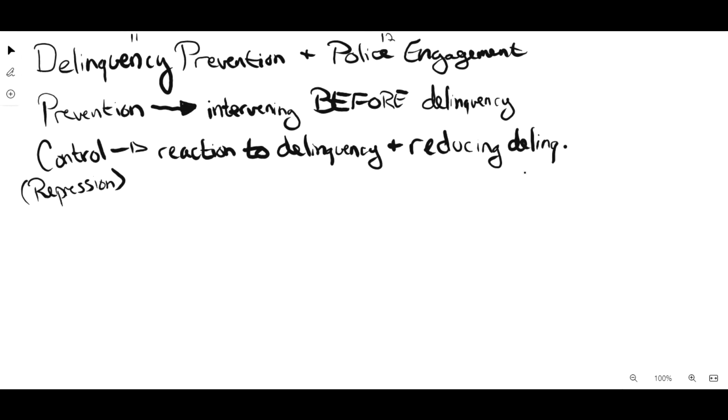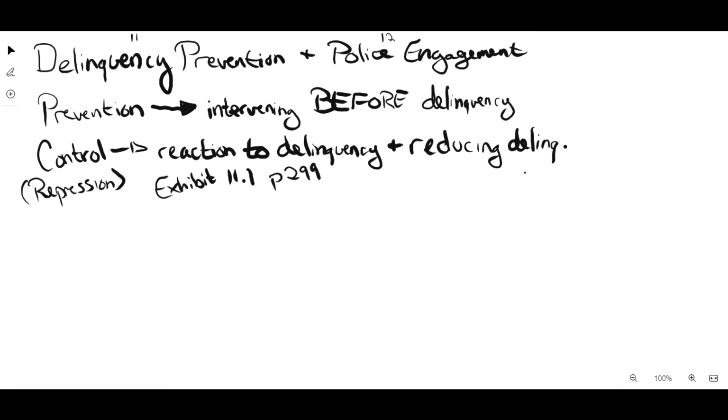If you are interested, I will definitely direct you towards, in our textbook, and I'm going to write that down, Exhibit 11.1 on page 299. This is a delinquency prevention versus control chart. It looks at some prevention strategies and then control strategies. It's a good way to understand how the two vary.